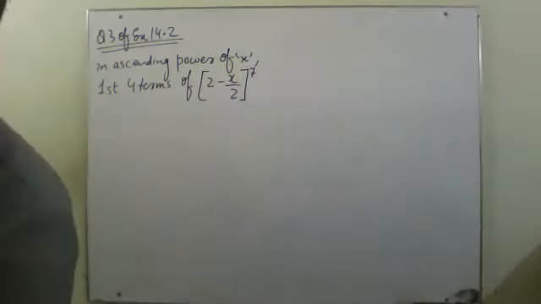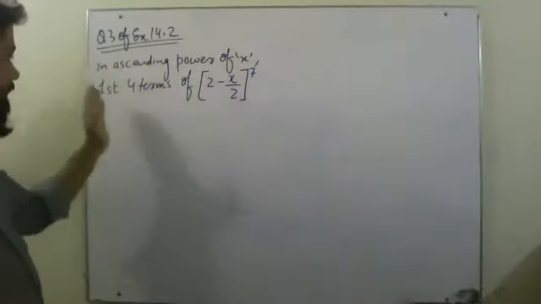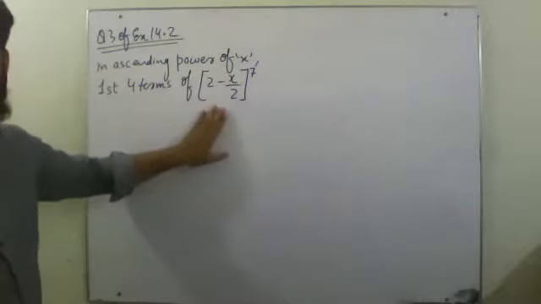I have to find the first four terms of this expansion in ascending power of x.